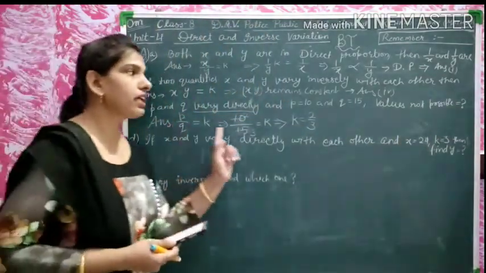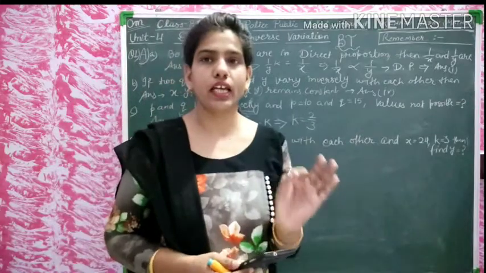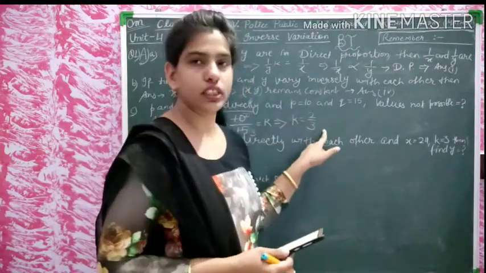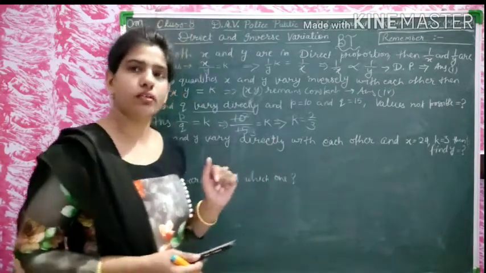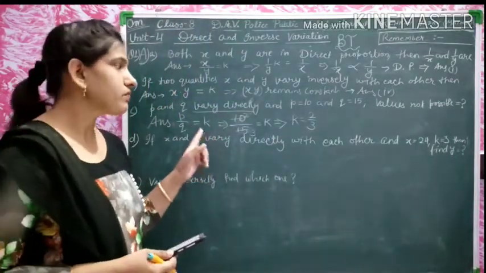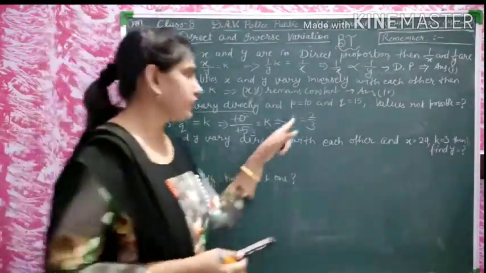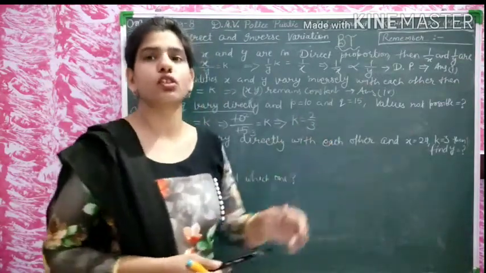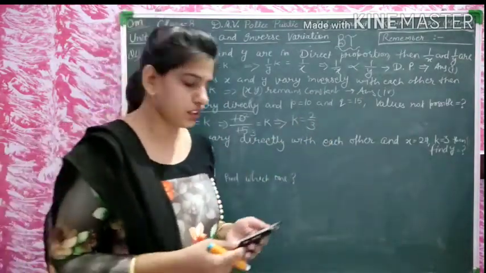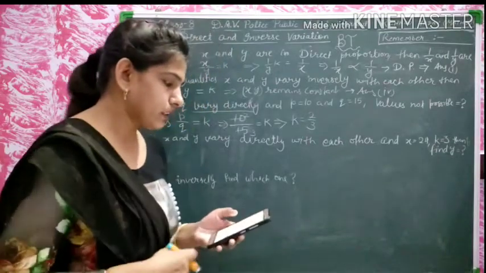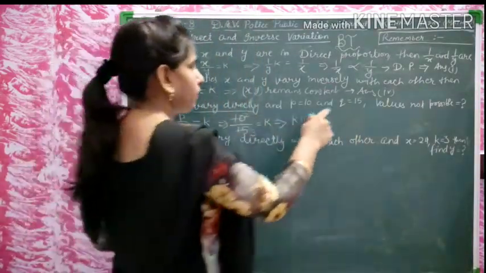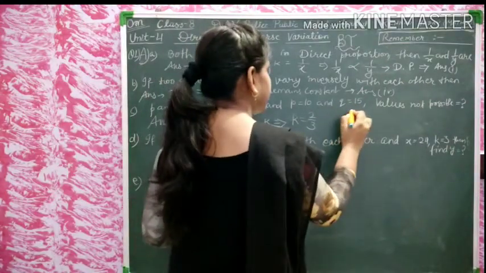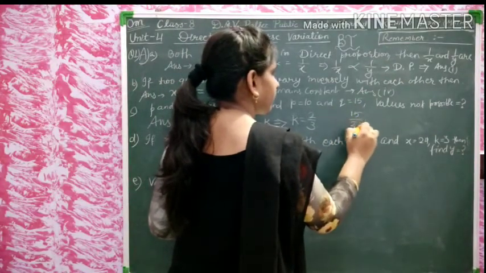Some options are given, and they have the ratio 2 by 3. If they have the ratio 2 by 3, they are possible values. But if their ratio is not 2 by 3, it means not possible. Is this clear, students? So we will check here. The first part has 15 by 20.